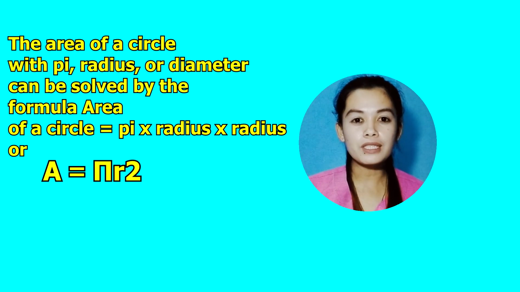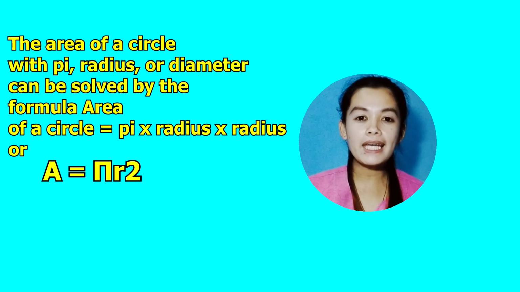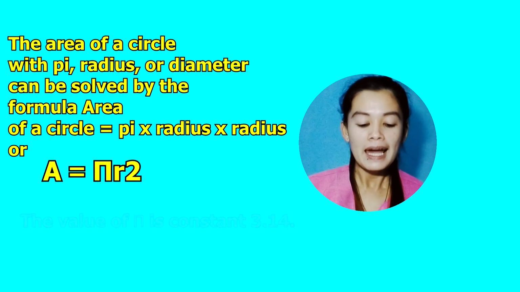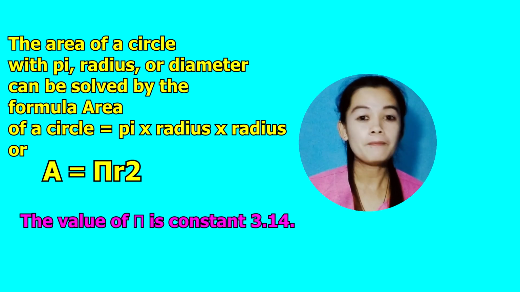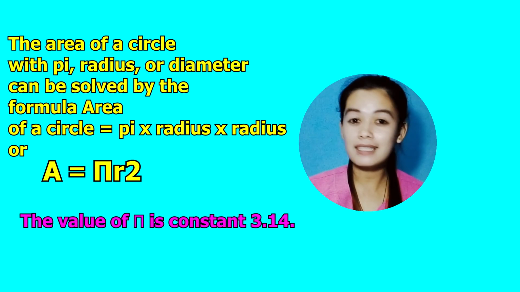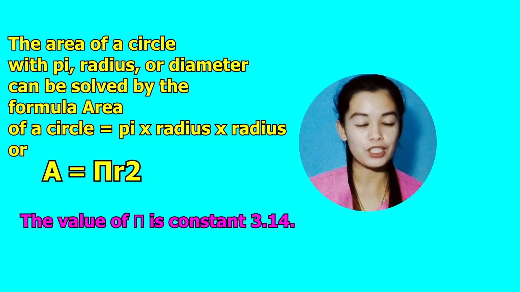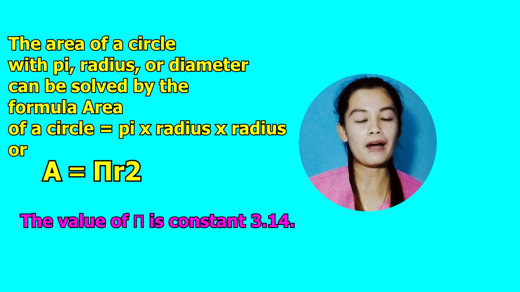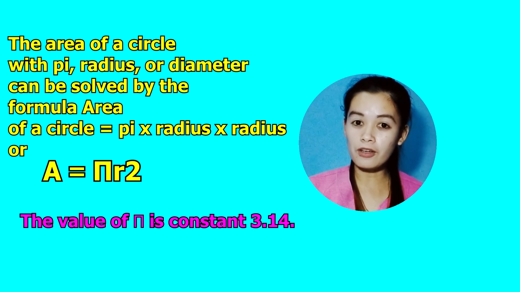The radius depends on whatever the given value of the radius in the problem or the given figure of the circle. And the value of pi is constant. Constant means it does not change. Even though you will have another problem or another figure, the value of the pi will remain. So, the value of the pi is 3.14.